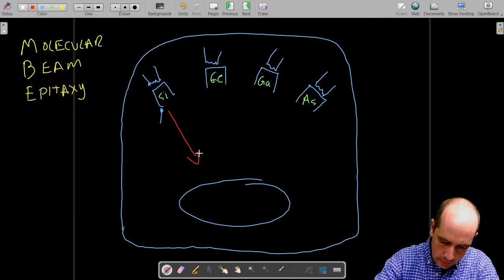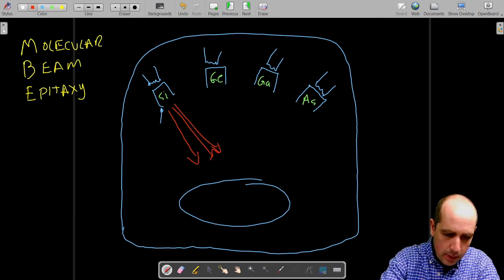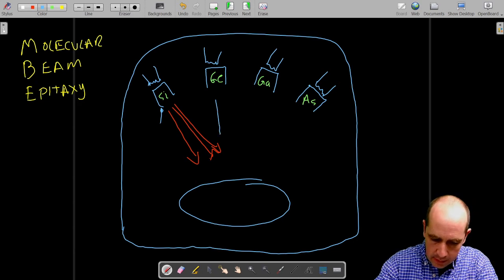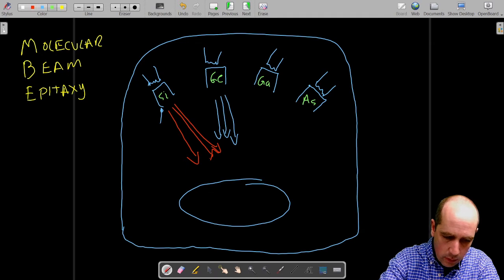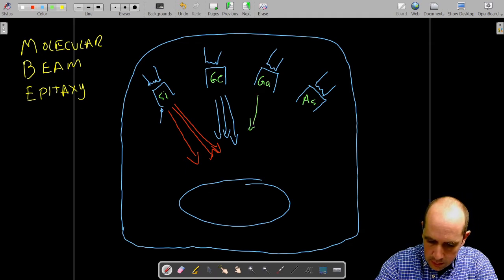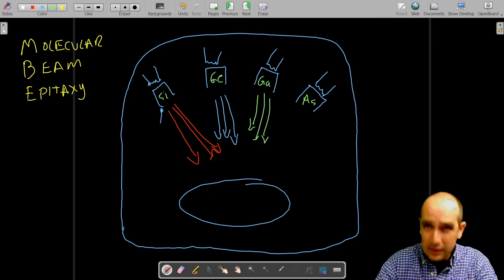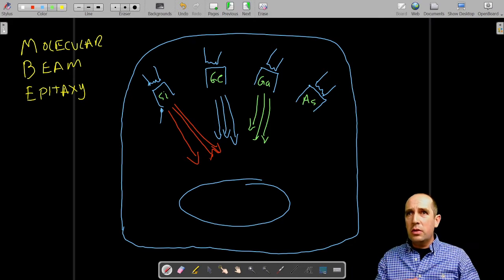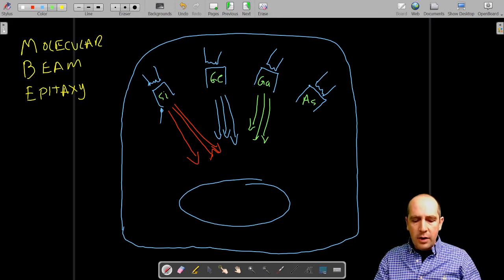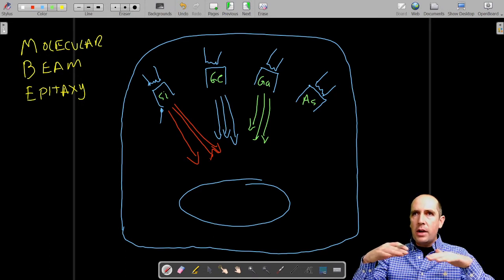And the idea is that with these materials we can produce beams of molecules or atoms that basically are sent onto the surface of the wafer, and the wafer is also heated up. So it's heated up to a certain degree, not enough to melt it or evaporate it, but just to keep the lattice vibrating a little bit.